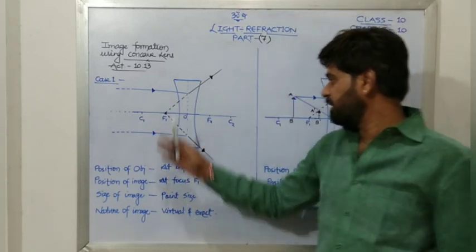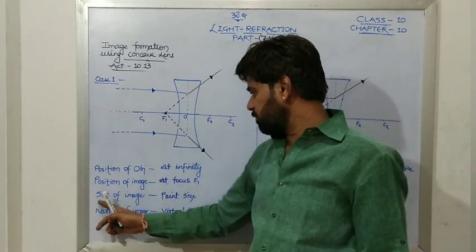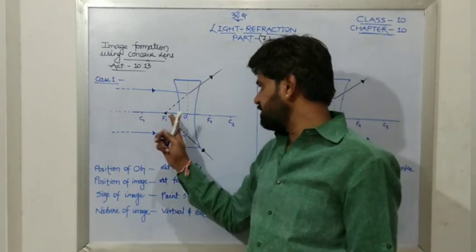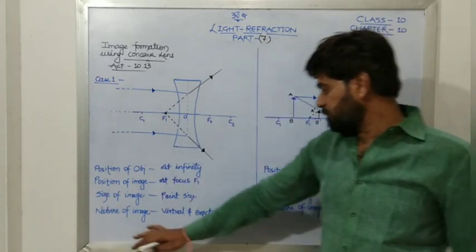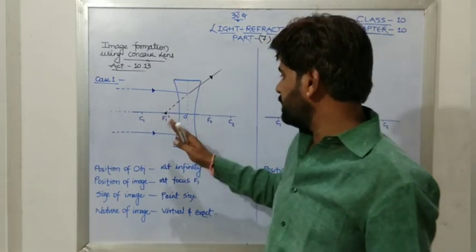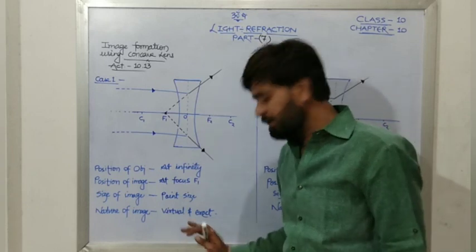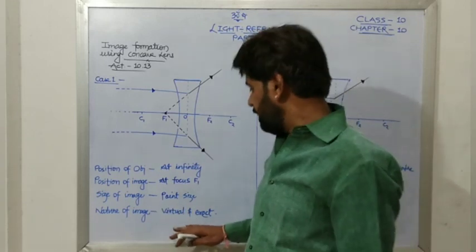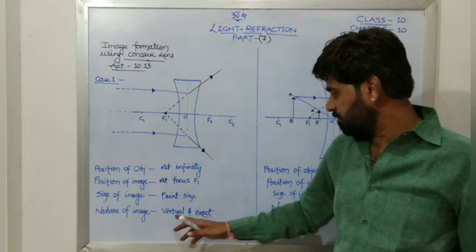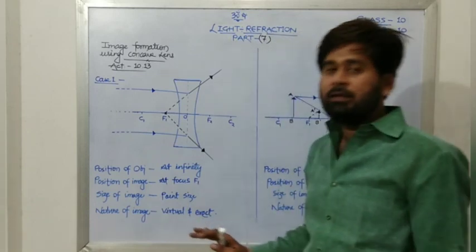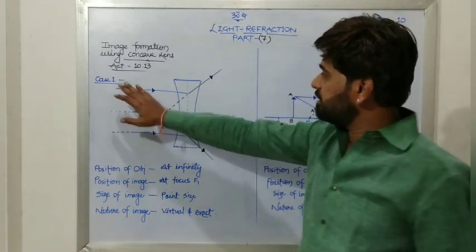The size of the image is a point size. Now the nature of the image: as they are meeting virtually, they are not actually meeting, so the image will be virtual and erect. As we know, an image which is virtual will definitely be erect. So this was case number 1.